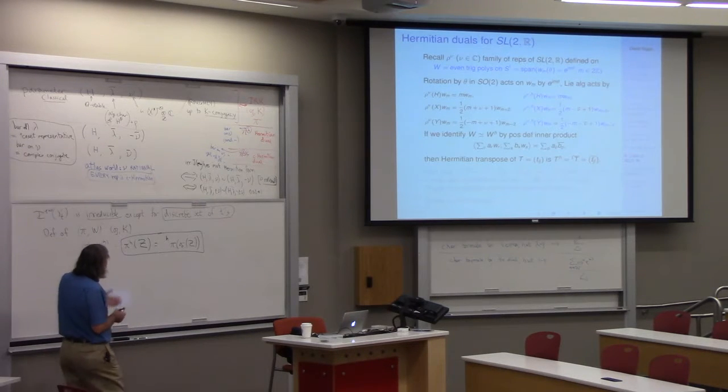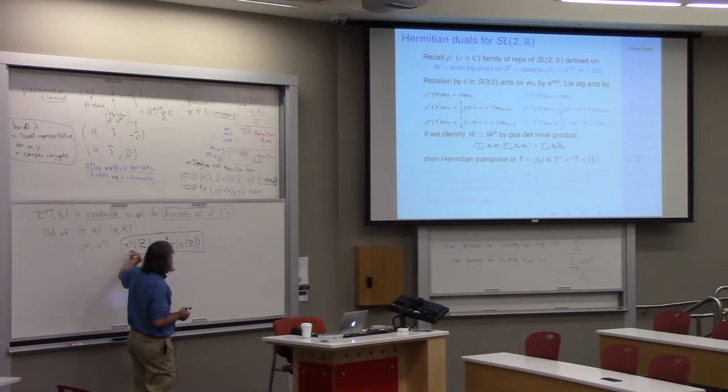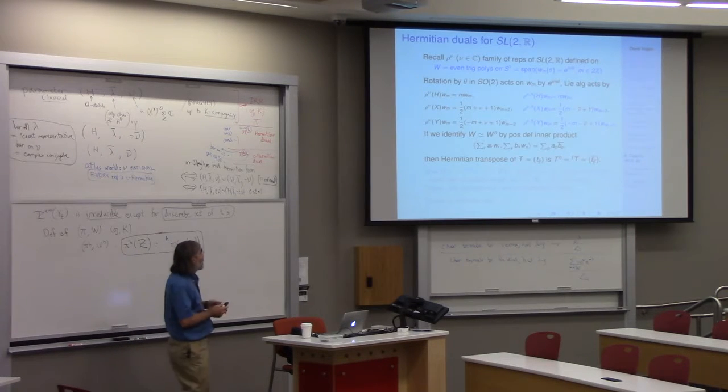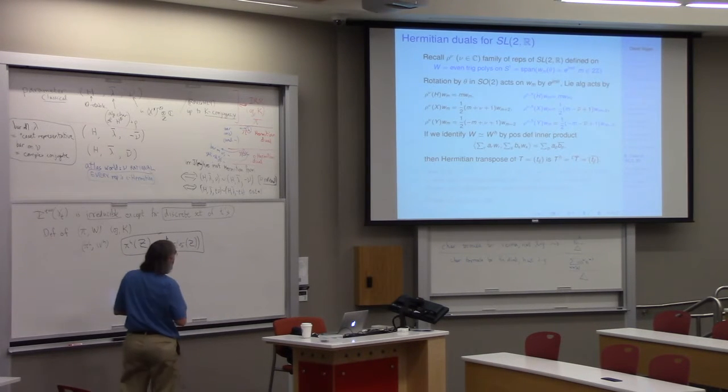So that's how you're supposed to compute the Hermitian transpose of a representation.